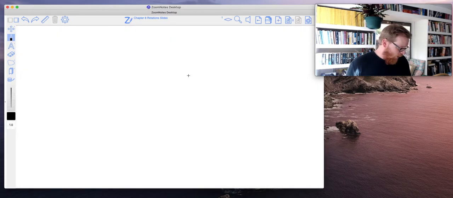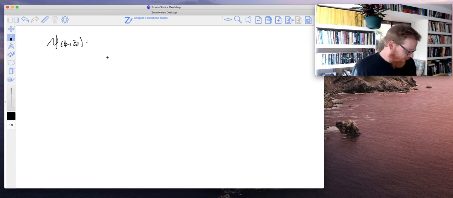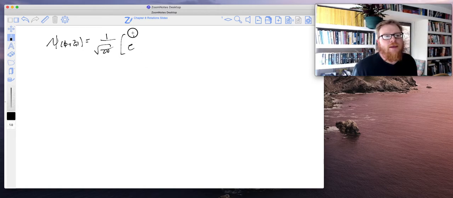So I'll just rewrite this again. Sorry, psi of phi plus 2 pi equals 1 over root of 2 pi e to the i m_l phi times e to the 2 pi i m_l.